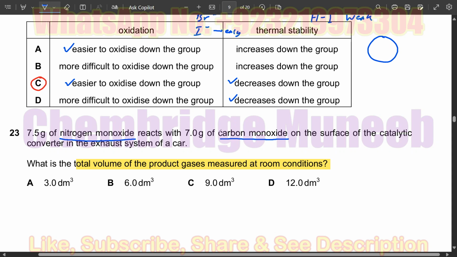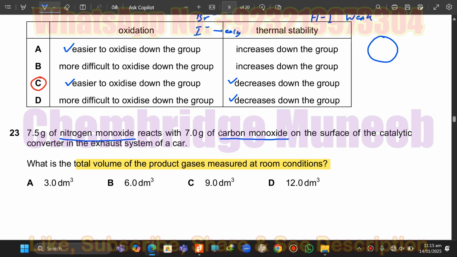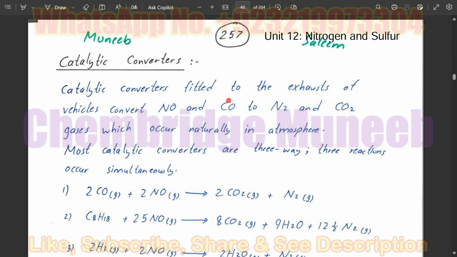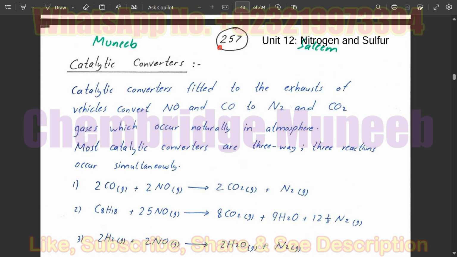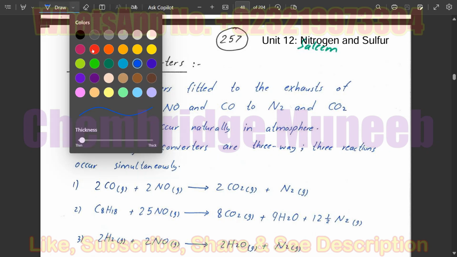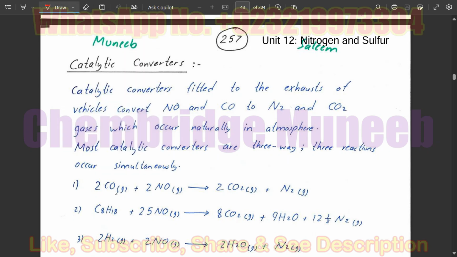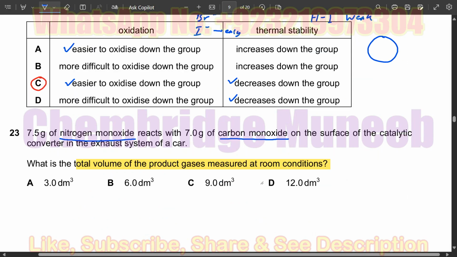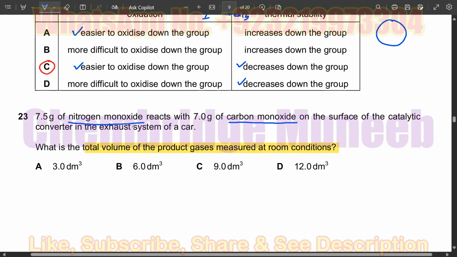So for this purpose, I will show you my notes. In my notes, you can see here that inside the catalytic converter, the reaction between nitrogen monoxide and CO is this reaction. This is a reaction inside the catalytic converter between these two substances, 2CO and 2NO to produce 2CO2 and N2. So we need to have this reaction written here.